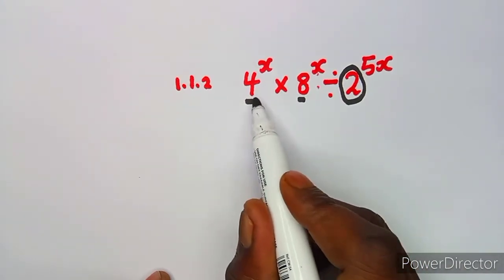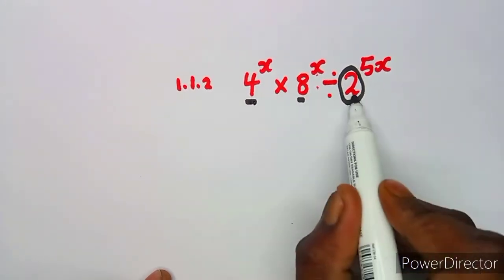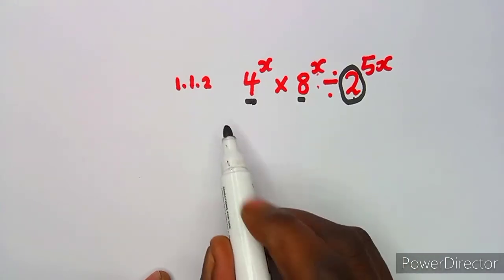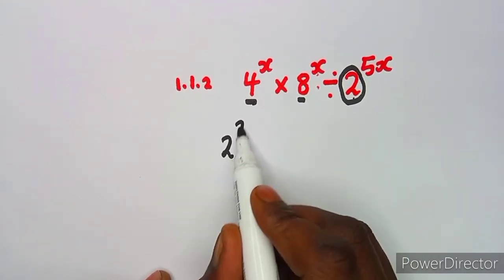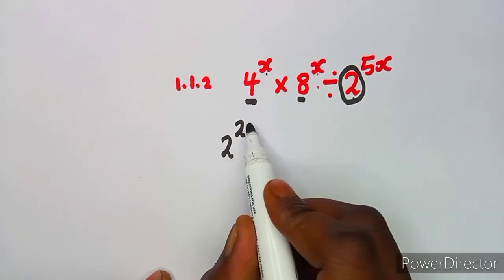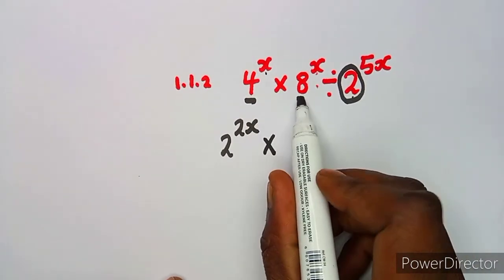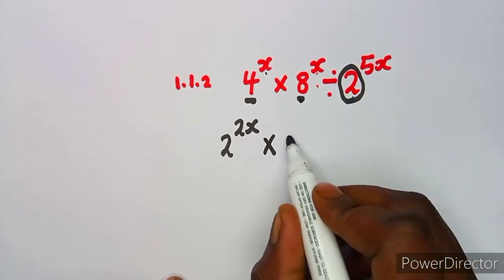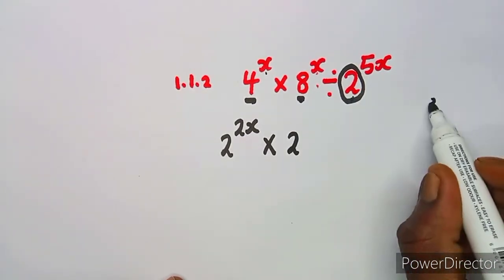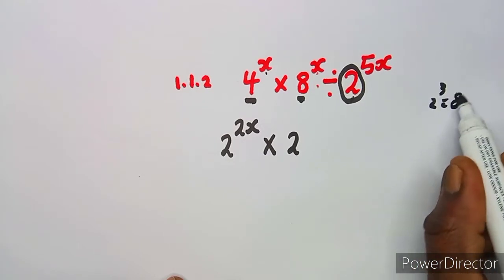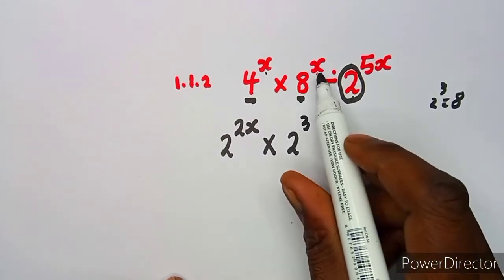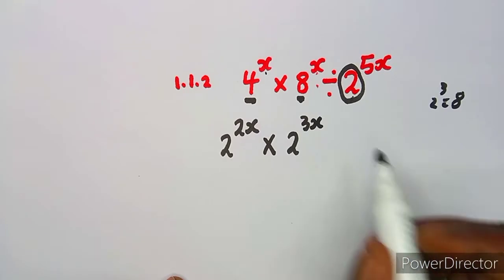So we have to ask ourselves, which number are we going to use here in terms of 2 to give us 4? So this is 2 to the exponent of 2, and it's multiplying x, so it's going to be 2x, times, we are given 8 in base of 2, that's 2 to the exponent of 3. Take note, 2 to the exponent of 3 gives you 8, so it's going to multiply this x which is already there.